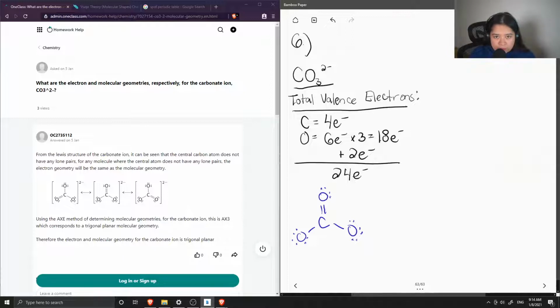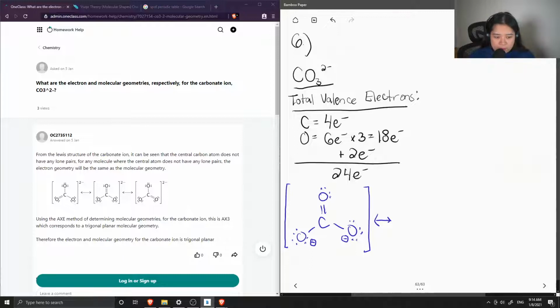So now I have my Lewis structure, and these 2 oxygens here have a negative charge. So we know that this is correct because that's what we're looking for.